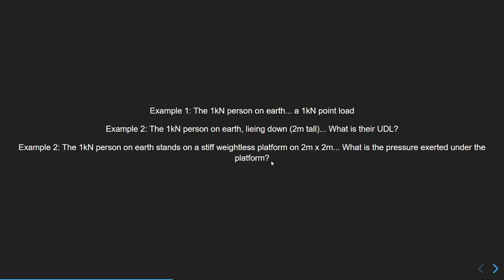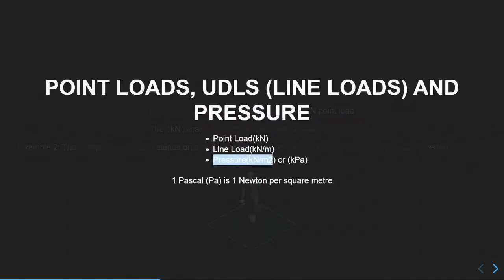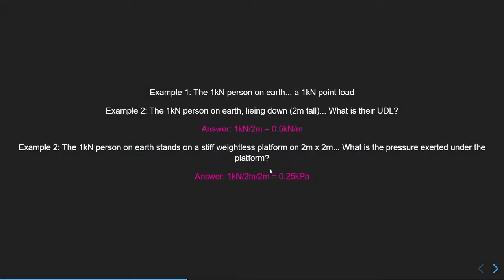Perfect. Or, instead of kilopascals, we could also say kilonewtons per square meter. And look at that. You got it right. 1 kilonewton divided by 2 is 0.5 kilonewtons per meter. And 1 kilonewton divided by 4 is 0.25 kilopascals.